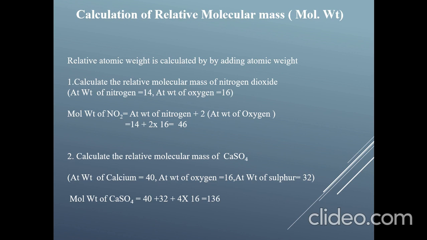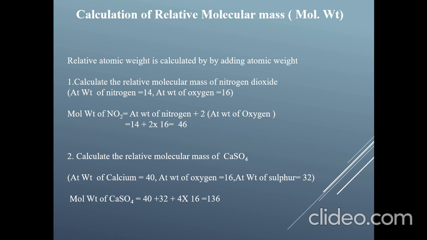Now next example, relative molecular mass of calcium sulfate. The formula of calcium is Ca and that of sulfate is SO4. So it becomes CaSO4. Atomic weight of calcium is 40, atomic weight of oxygen is 16, while that of sulfur is 32.